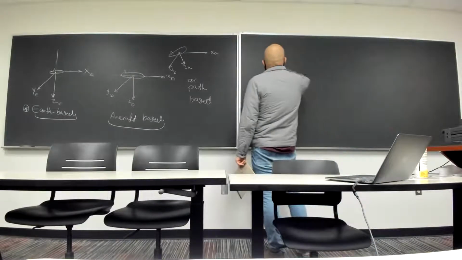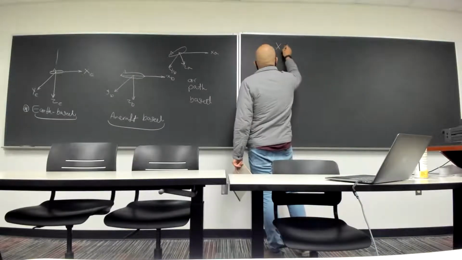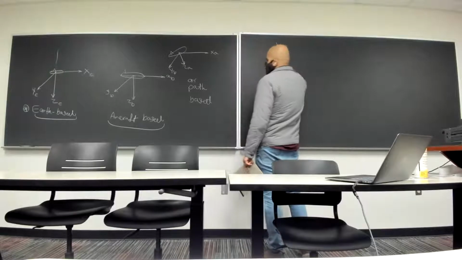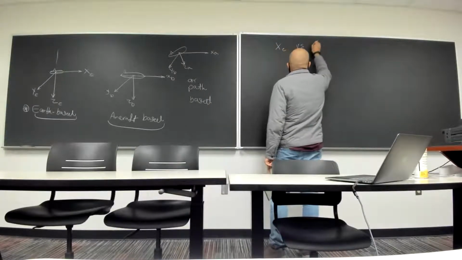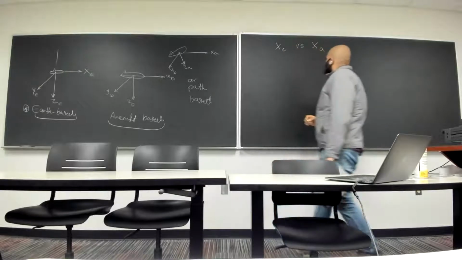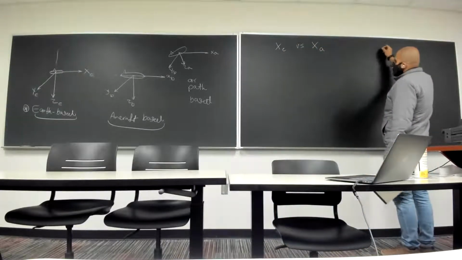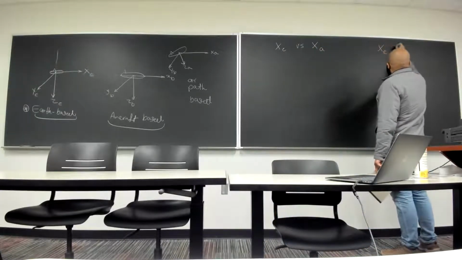So we can have the angles that this coordinate system, I'm going to call that the Earth-based coordinate system XE, makes with XA, the air path coordinate system.